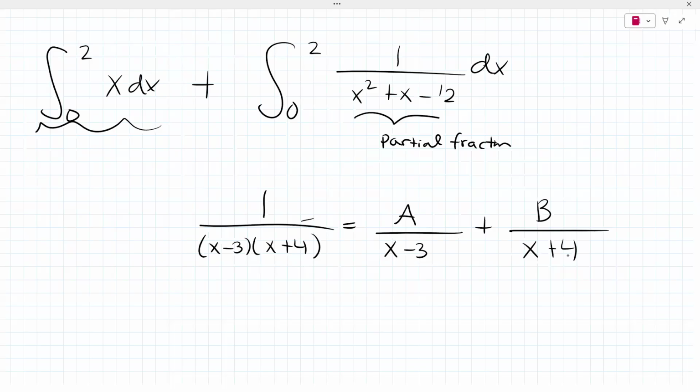And then let's try to get rid of the bottom by multiplying everything by the LCD, which is basically x minus 3 and x plus 4.